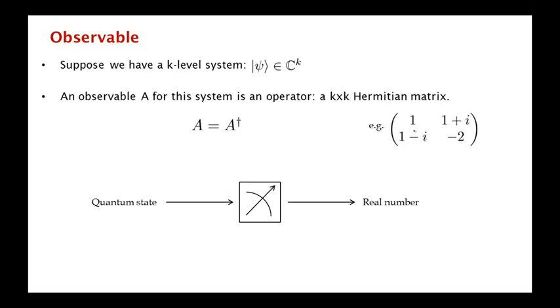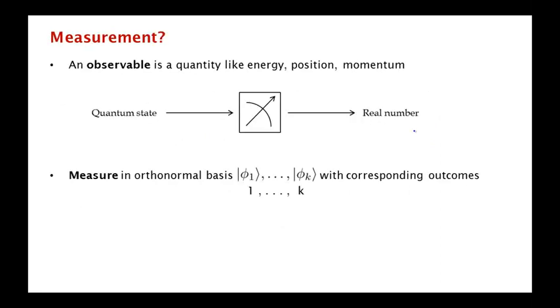Okay, but you might be a bit puzzled now, because then we already have a notion of measurement. So if you wanted to measure a quantum state, we just picked an orthonormal basis, phi 1 through phi k, and then the corresponding outcomes would be 1 through k.